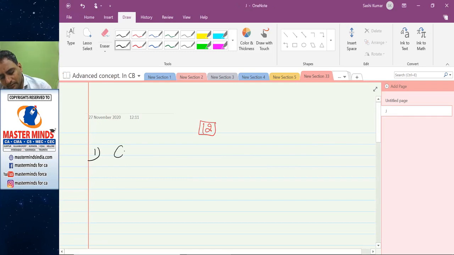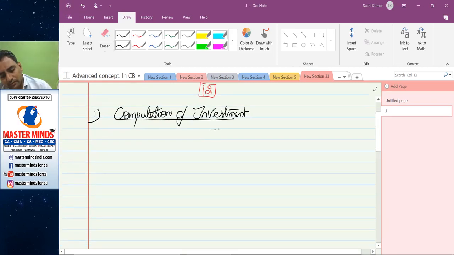Step 1, computation of investment. Model 1, Model 2. Cost 1,50,000, 2,50,000.